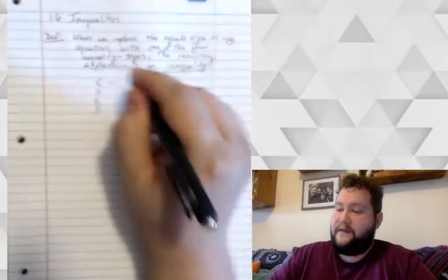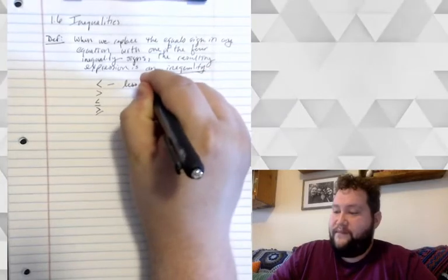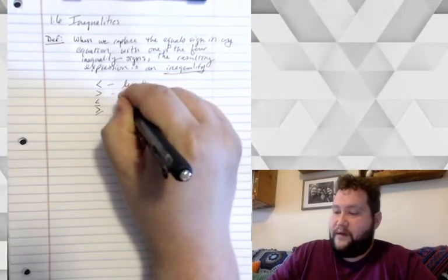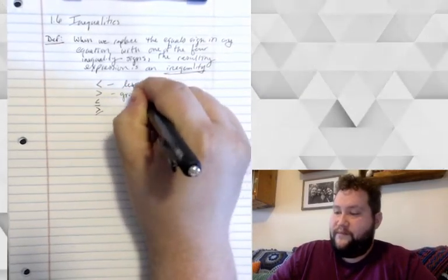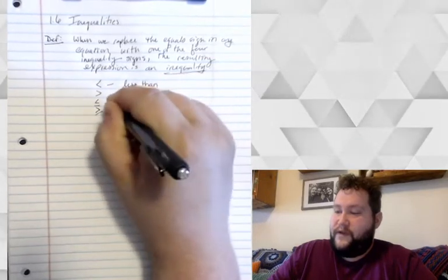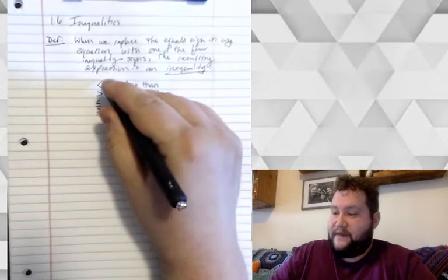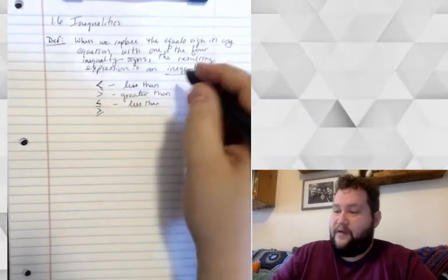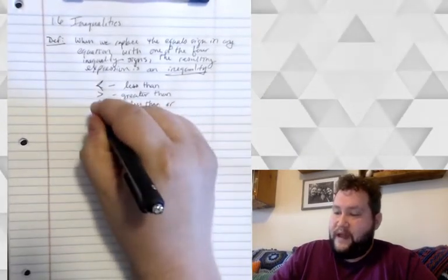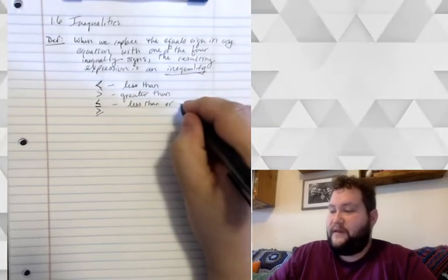And so we call this the less than, this one the greater than. The third is the less than, because it has the same arrow, but now that there's a line under it, that's our less than or equal to.